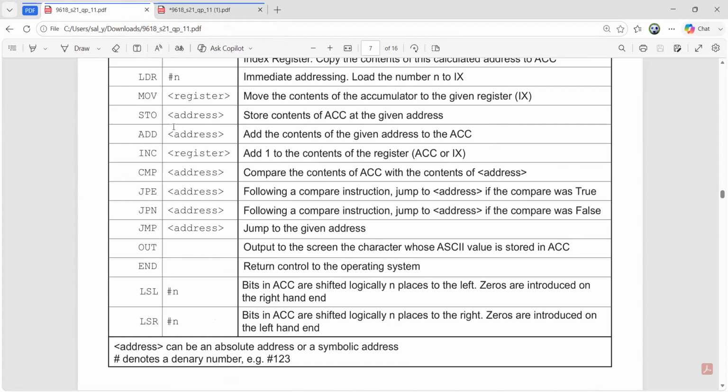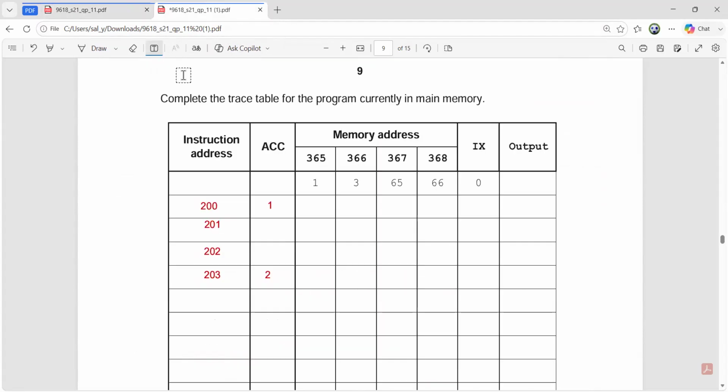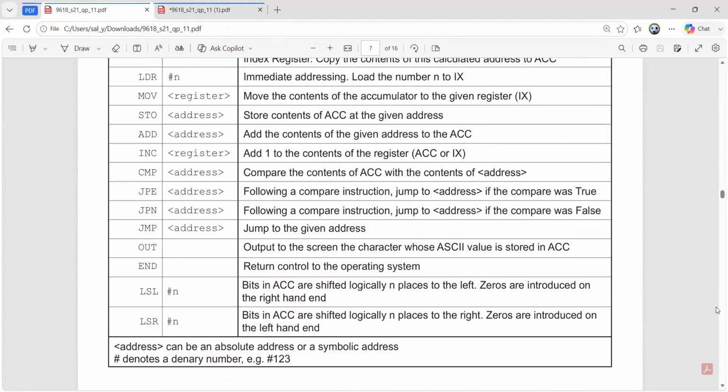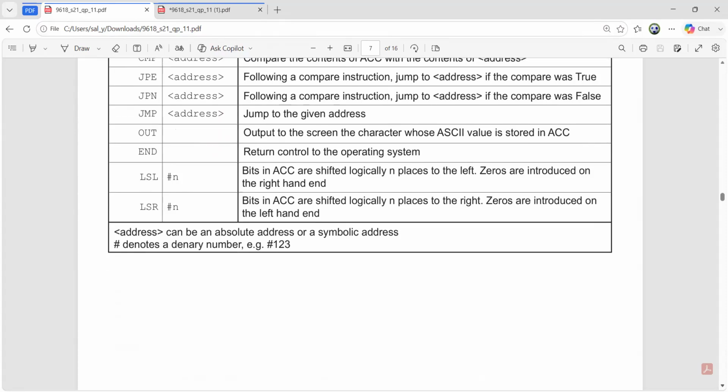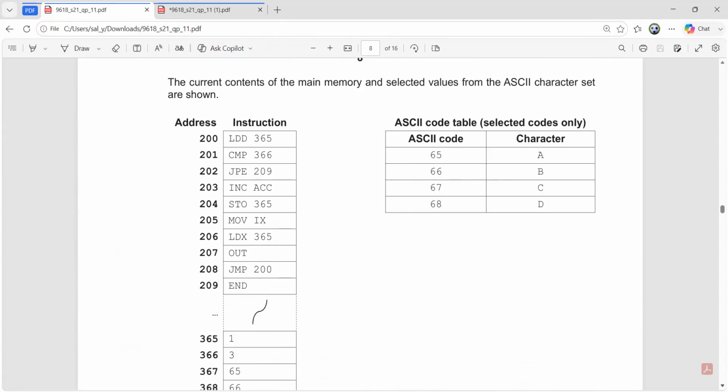Simple. So in this case, we have simply increased the contents of ACC from 1 to 2.